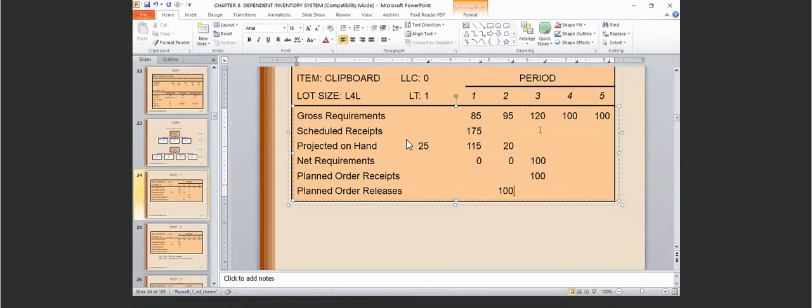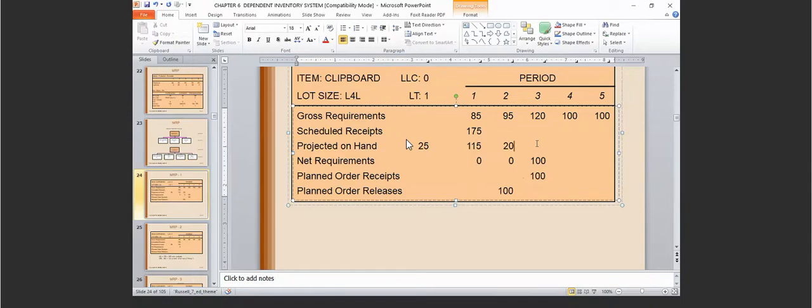So what happened in period 3? We released the order of 100 unit in period 2 and we will receive the 100 unit in period 3 to support the net requirement of 100 unit in period 3.